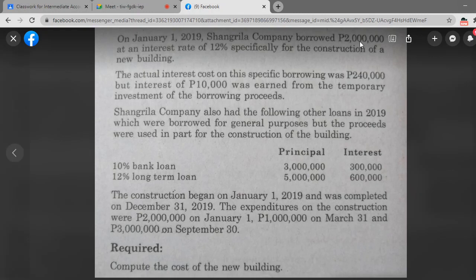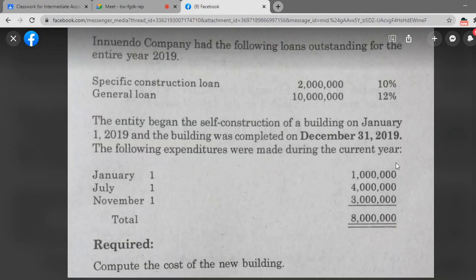And then ang nabilin or the balance of the expenditure will be extracted from the general loan. Kasi nga 6 million, ang 2 million from the specific borrowing. So in this problem, ganun pa rin. We have 8 million total, pero ang 6 million lang ang atong gigamit from the general. So may nabilin nga 4 million for some other purposes. So ganun yun siya. Okay?